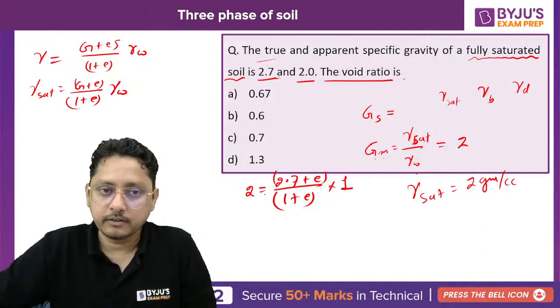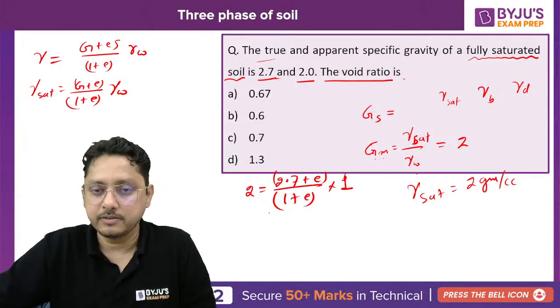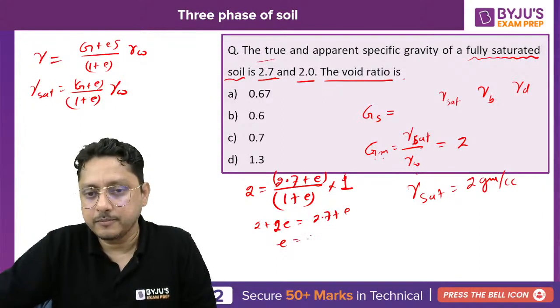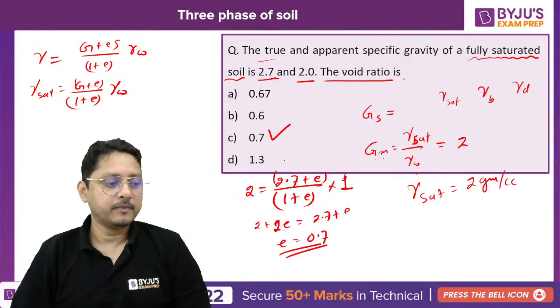From here, if you calculate the E value, 2 plus 2E will equal 2.7 plus E, and E will become 0.7. That's all, isn't it?